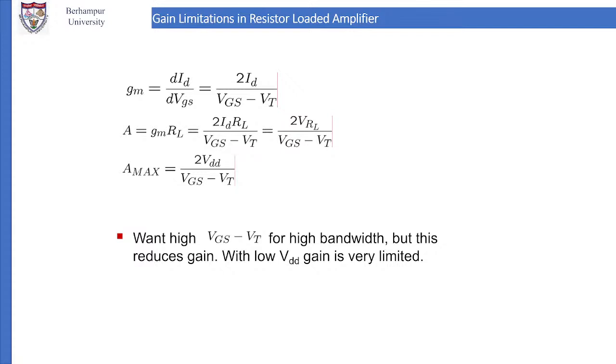Now A, the amplification or gain, is equal to gm into RL. So now we know the expression for gm, multiply RL with that. The numerator becomes 2ID into RL, and the denominator is VGS minus VT. Now ID into RL is equal to VRL, the voltage across RL.